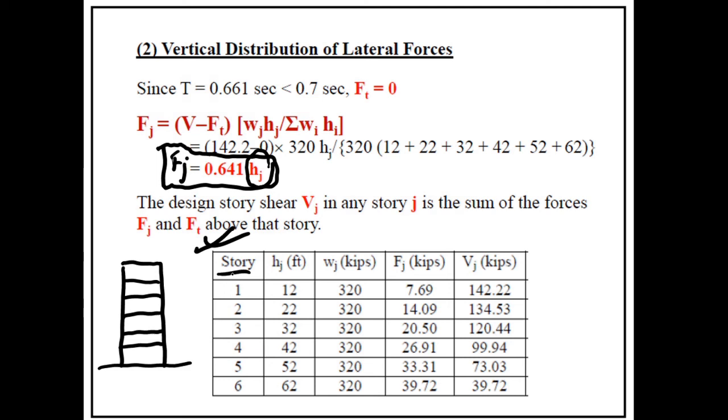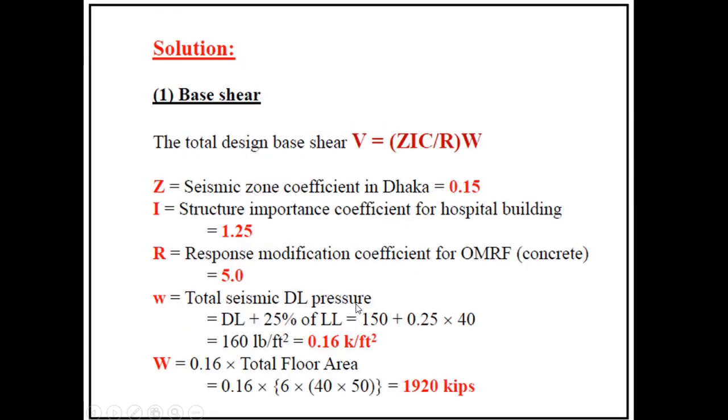So here we can see the story and Hj, that means the height of the story. For the first story the height is 12 feet, and the height up to the second story is 22, up to the third story is 32. So plugging those values over here and then calculating Wj. We have already calculated the Wj in our previous slide. That means for 6 floors it was 1920.